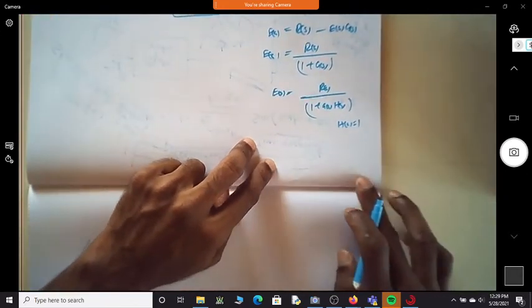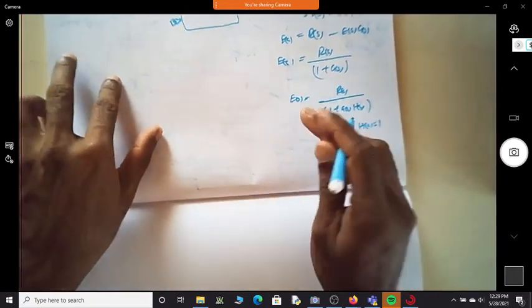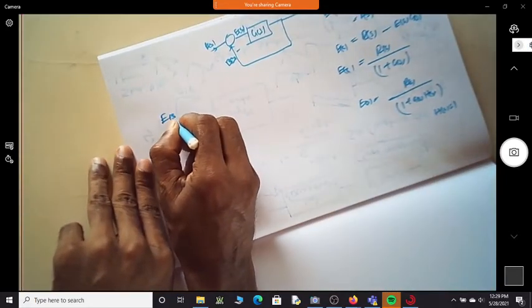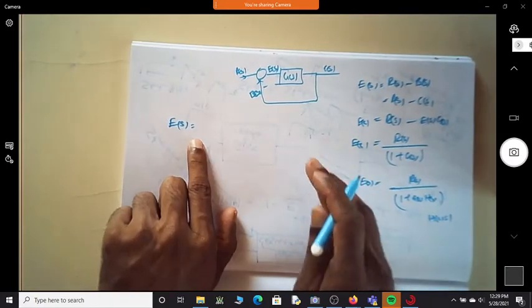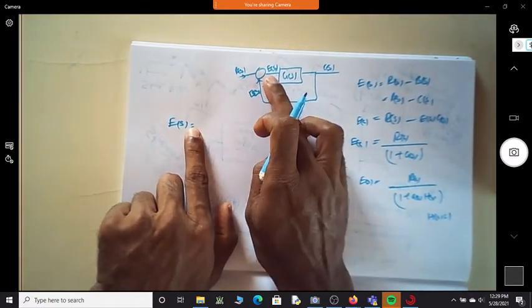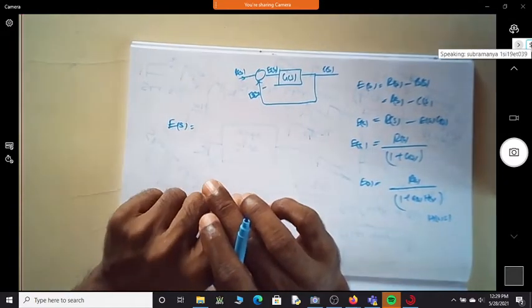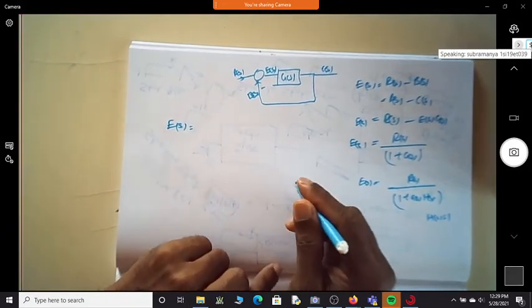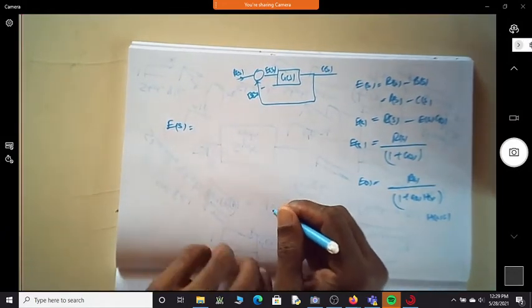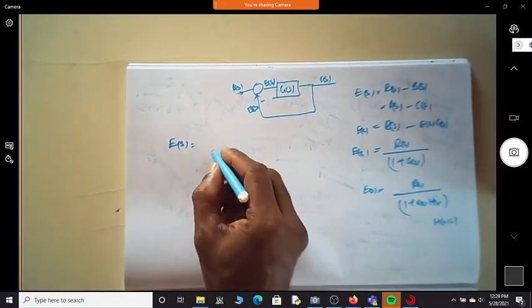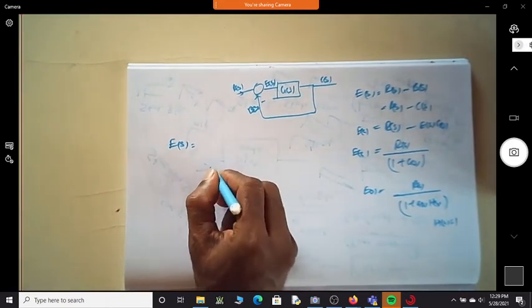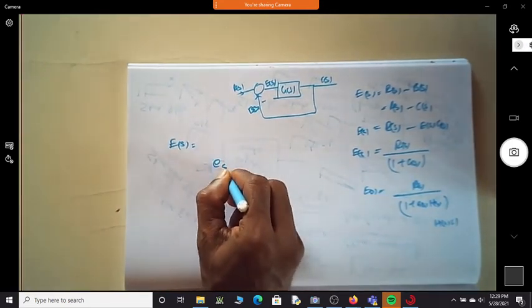So this is E(s). What is this E(s)? It is the Laplace of the error signal.